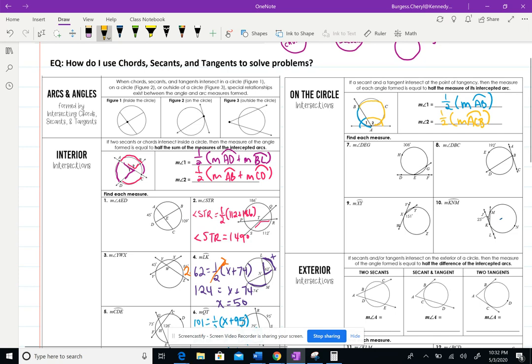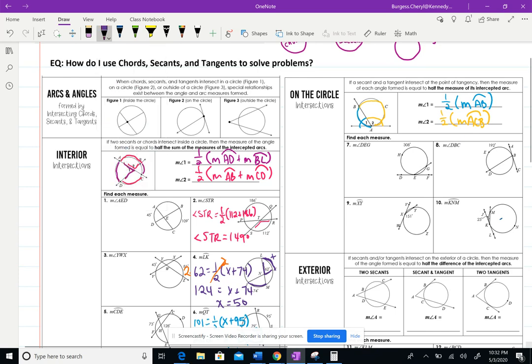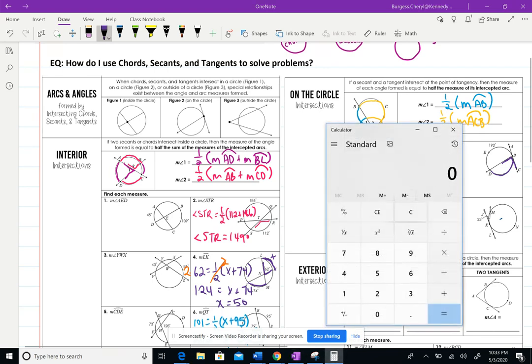Okay, so let's do number 8. Number 8 says, find the measure of angle DCB. All right. Well, they didn't give us even its intercepted arc, so we're going to have to find it, right? We have a whole circle, which equals 360, and it's cut into 2 pieces. So let's do 360 minus 192.